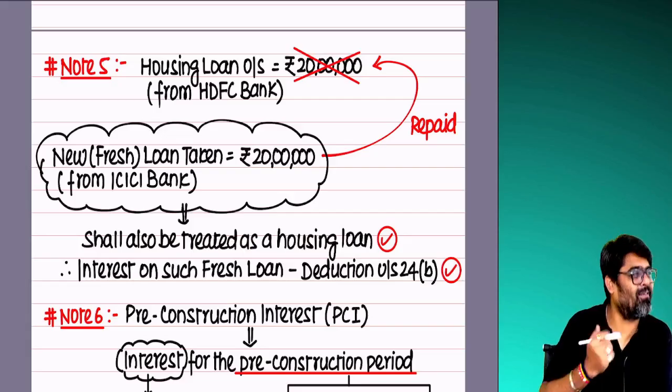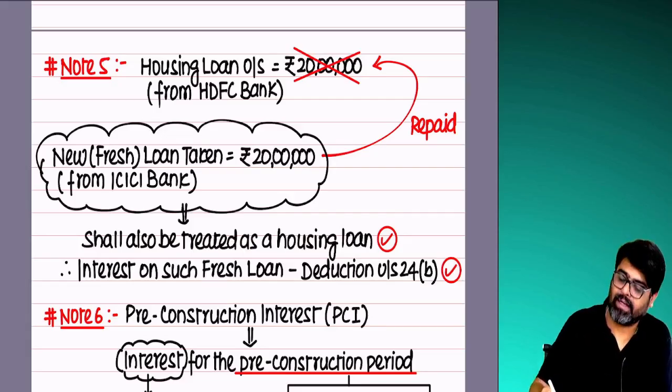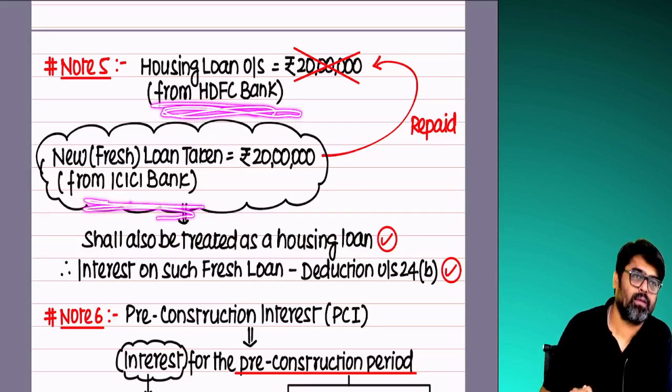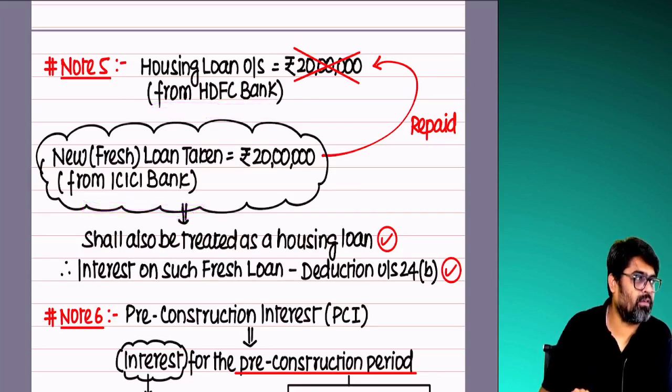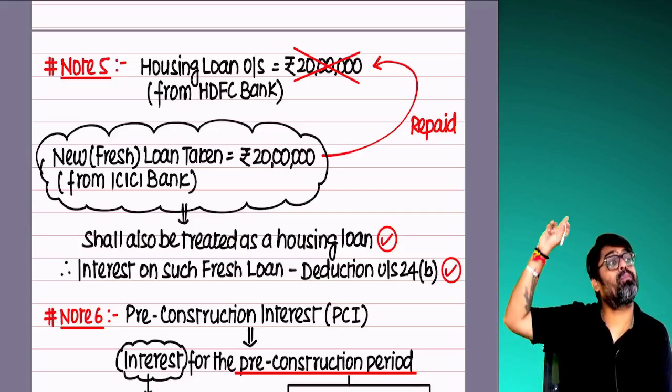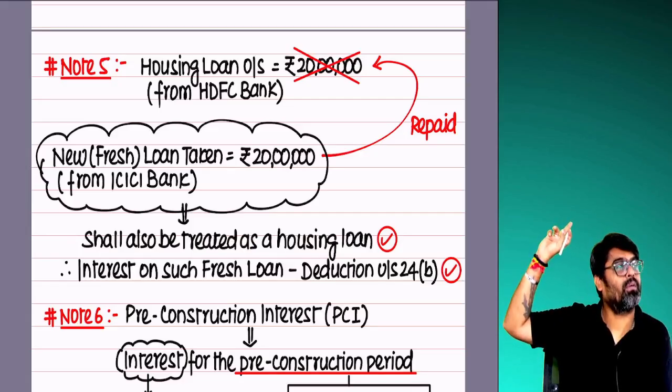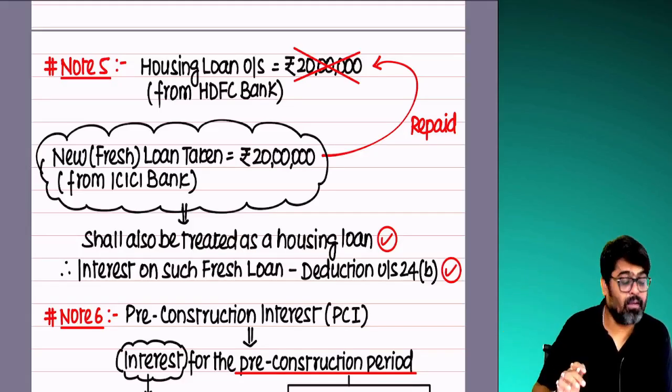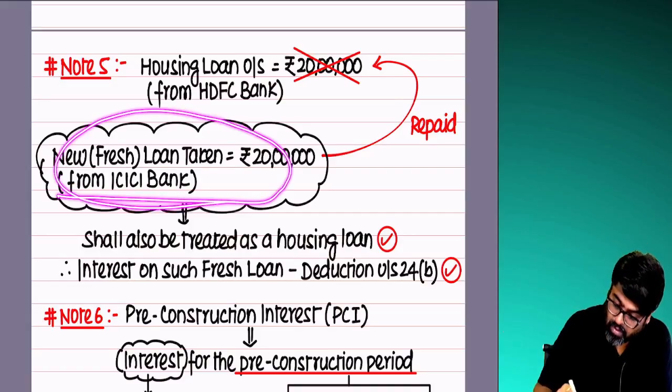I still have one loan. But now instead of lender being HDFC, my lender will change. It will become ICICI. Now my question is, the new loan which I have taken, for what amount? Is it the same amount as that of my old housing loan? Yes or no? But now tell me, is it the same loan?